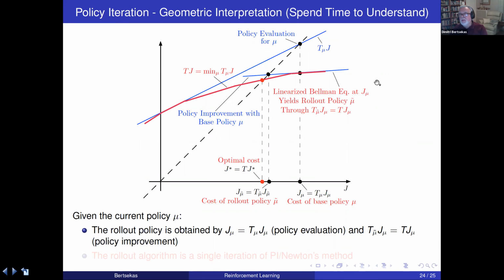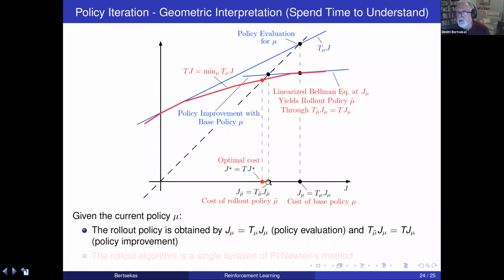So how about rollout? Rollout is the first policy iteration. So you start with a base policy, evaluate it, and then roll it out, by finding the corresponding slope through policy improvement. And this is the cost function of the rollout policy. So it's very close. In one iteration, it has become very close to the optimum.